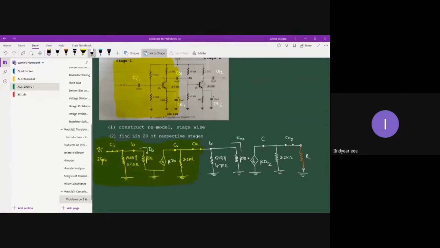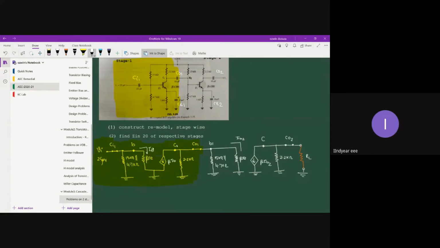Along with the RE model, you will have to consider the respective resistances. If you look at the circuit closely, we have identical stage 1 and stage 2 elements. In stage 1, R1 and R2 are 15 kilo ohm and 4.7 kilo ohm respectively. In stage 2, you have once again 15 kilo ohm and 4.7 kilo ohm respectively.